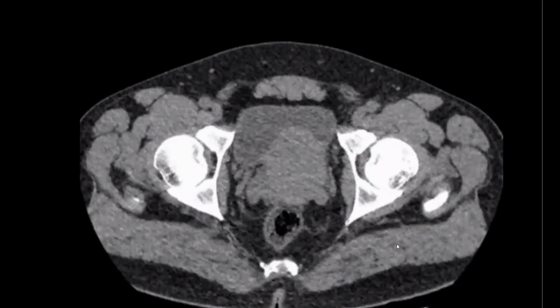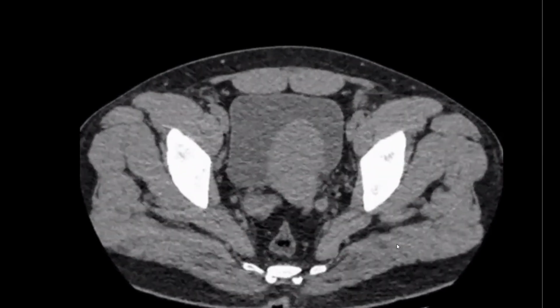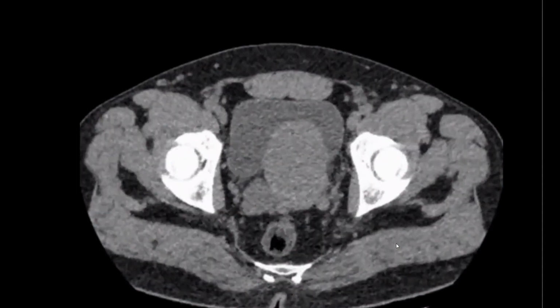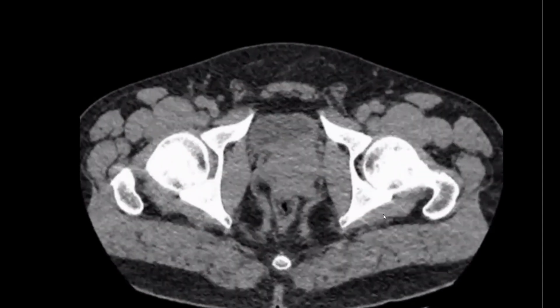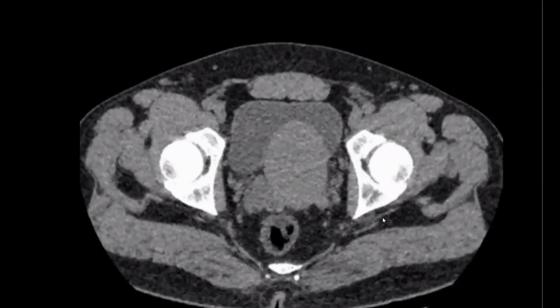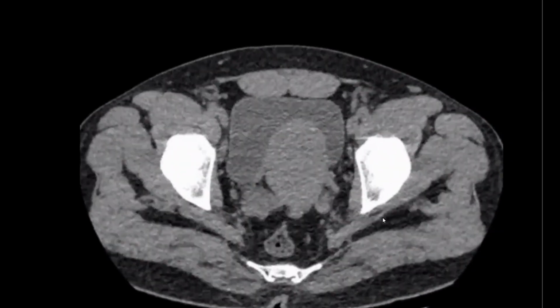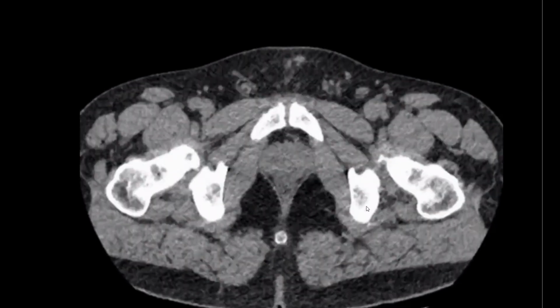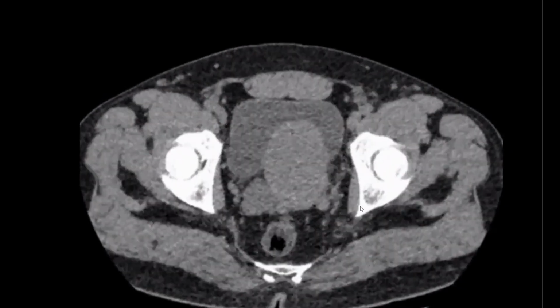In a male patient, I can see that there is marked enlargement of the prostate, and it also appears hyperdense. Then there is a hyperdense mass lesion seen in the base of the urinary bladder.